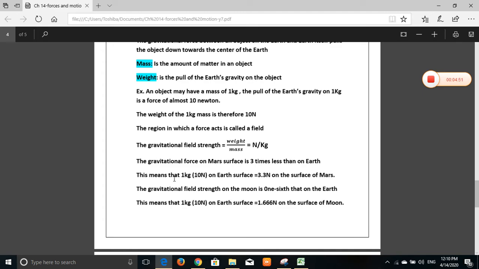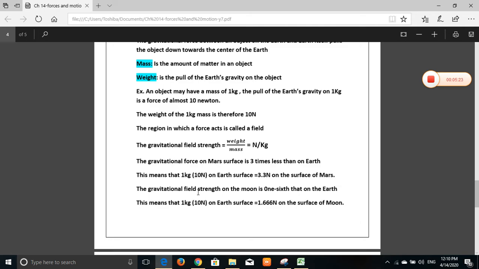This means that 1 kilogram, which equals approximately 10 Newton on Earth, equals 3.3 Newton on the surface of Mars. Yes, divide by 3. 1 kilo is 10 Newton, so on Mars the weight is 3 times less. So 10 divided by 3 equals 3.3 Newton on the surface of Mars.